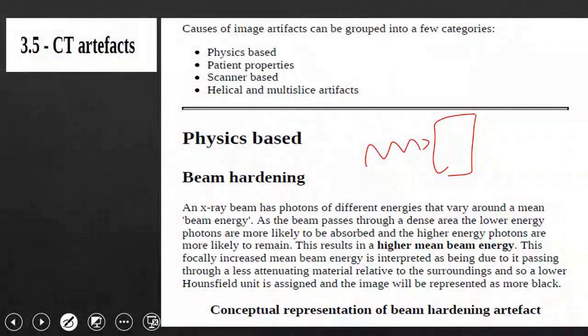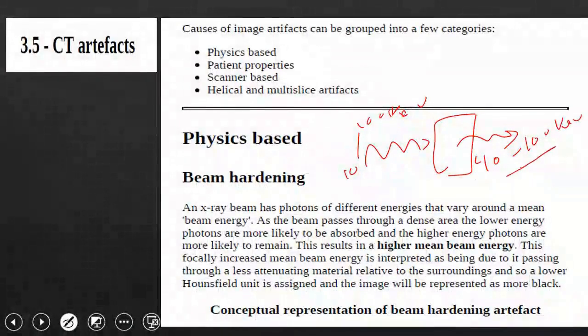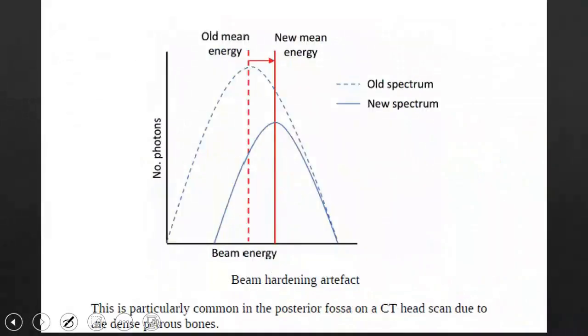For example, if this spectrum is from 10 to 100 kiloelectron volts, and I remove the range from 10 to 30, I will have from 40 to 100. So the average energy from 40 to 100 is higher than the average energy from 10 to 100. This is what happens in the X-ray spectrum.